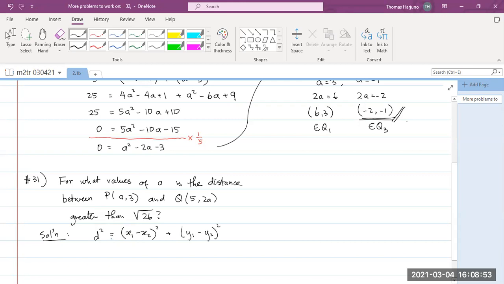Now the distance is square root of 26, right? Oh, hold on. The distance is greater than square root of 26. So it has to be greater than, not equal to.